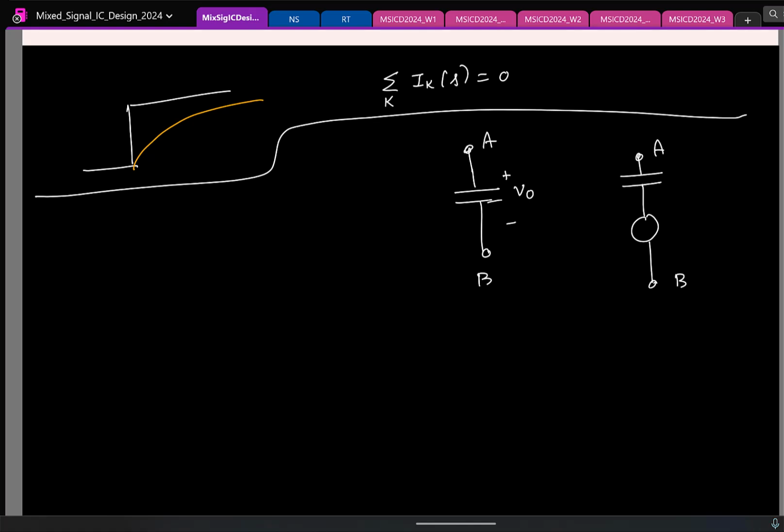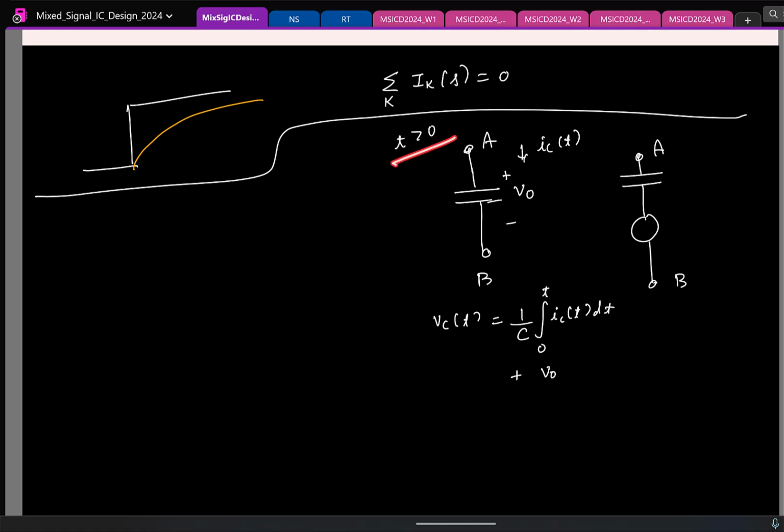If I look at the capacitor voltage Vc of t, for t greater than 0, how do I find the capacitor voltage in terms of the current? If I know the current flowing through the capacitor, how will I find the voltage? It is 1 by C times the integral of Ic of t dt from 0 to t, plus the initial voltage V0, correct?